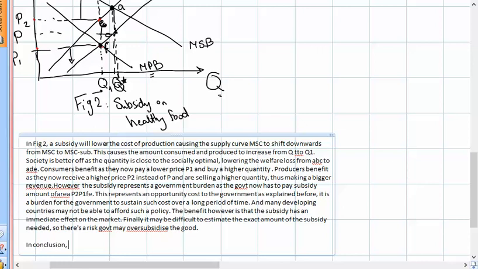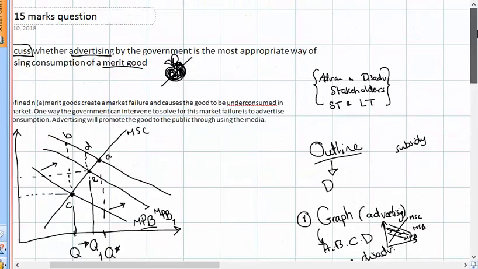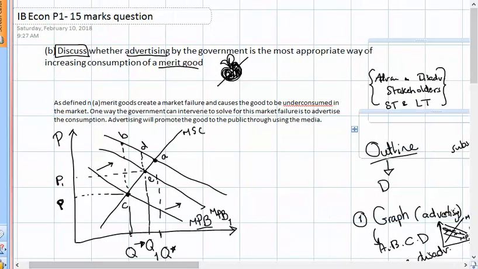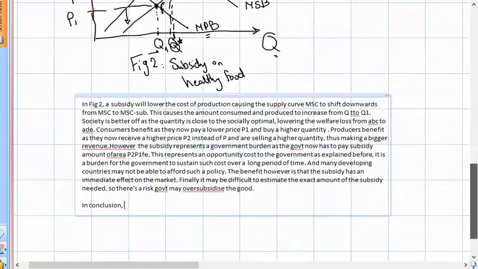In conclusion, it's very important to answer the question. The most important way of increasing consumption of a merit good.